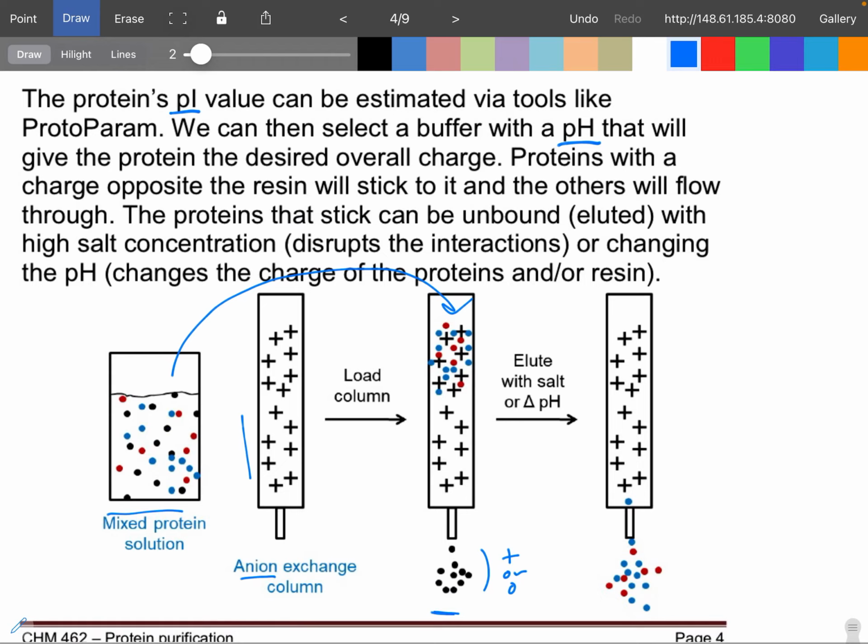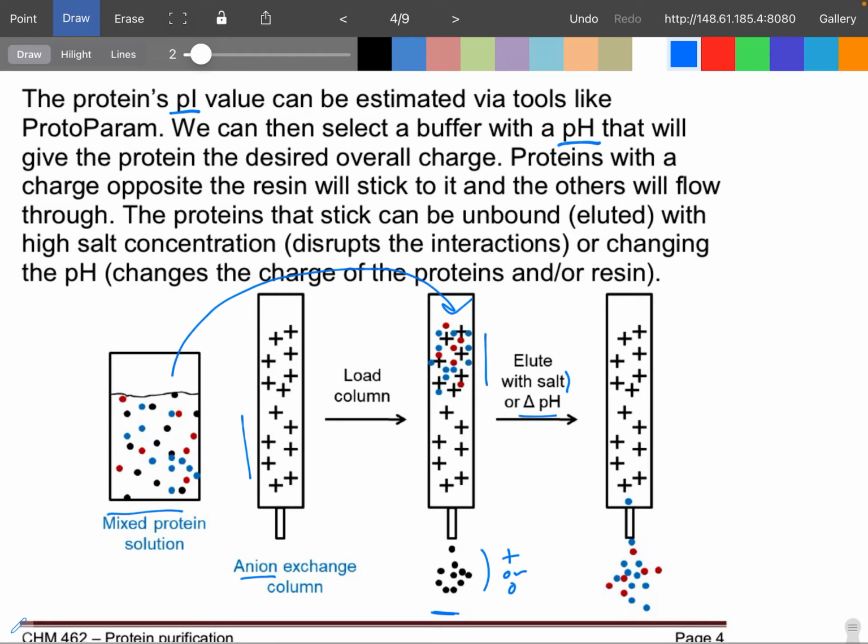But maybe we don't want those. Maybe we actually want one of the proteins that's up here. And to get those off the column, to elute them, we could do a couple things. We could add very high salt. The high salt will interfere with the electrostatic interactions that are holding the proteins to the column. Or we could change the pH. If we change the pH to a value, in this example, below the isoelectric point, then we would cause those proteins to become positively charged, and then they would elute from the column.